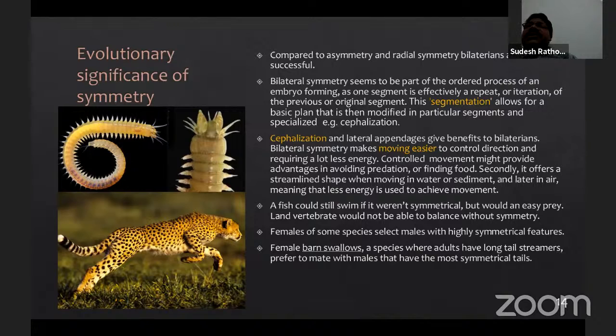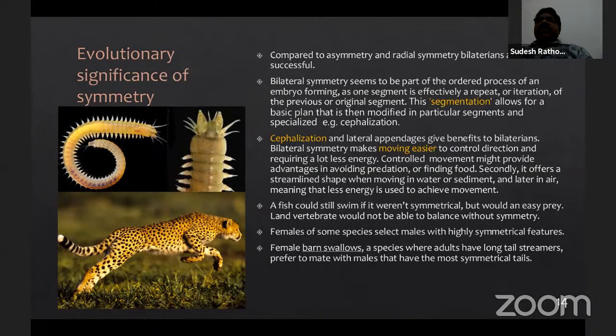So bilateral symmetry seems to be part of the embryo forming, as one segment is affected by the previous and original segment, a repeat iteration of the previous or original segment.